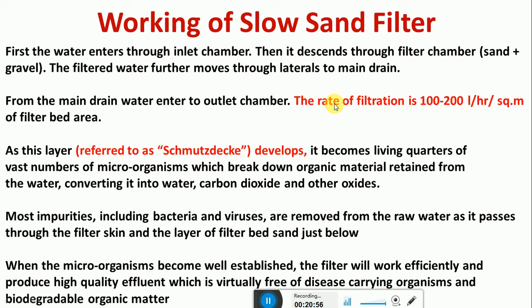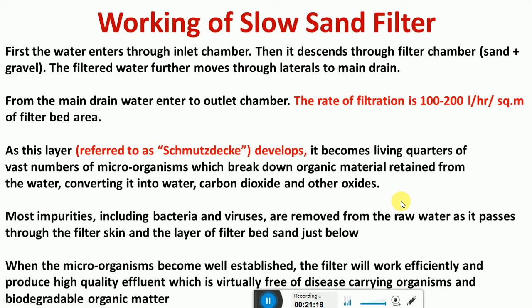As the layer referred to as the schmutzdecke develops, that is the skin layer, it becomes the living quarters of a vast number of microorganisms which break down organic material retained from the water, converting it into water, carbon dioxide and other oxides.